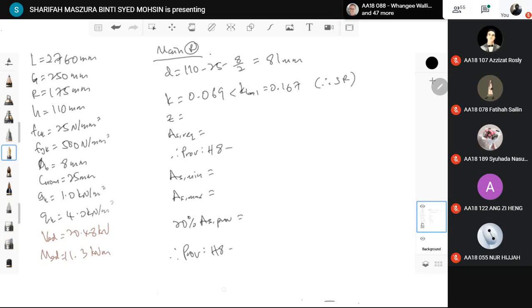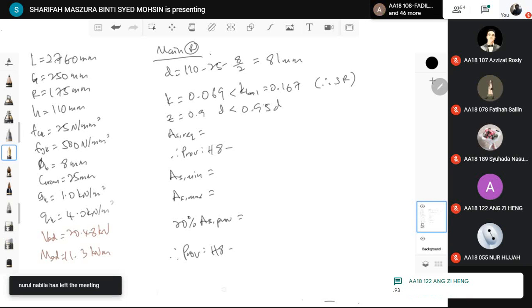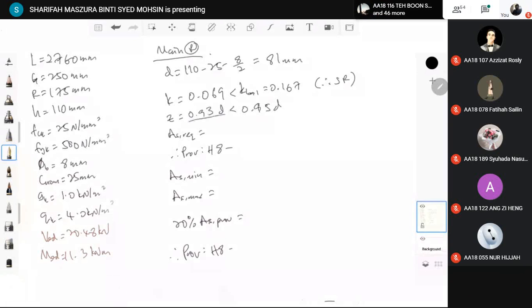Z is 0.93d, which is lower than 0.95d, so use 0.93d for the calculation.